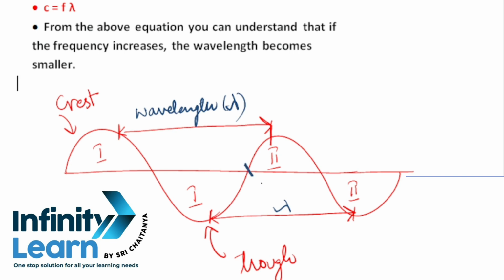If we consider a point x, then the total number of waves passing through that point in 1 second denotes its frequency, and frequency is written with f.